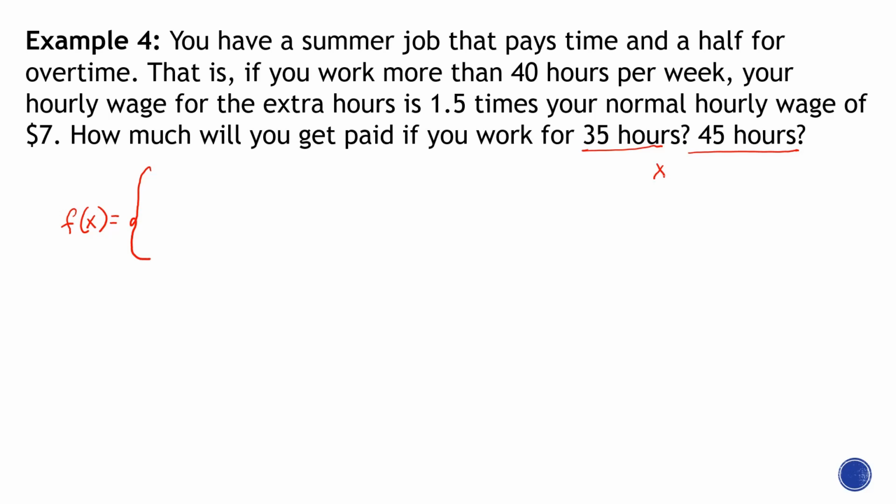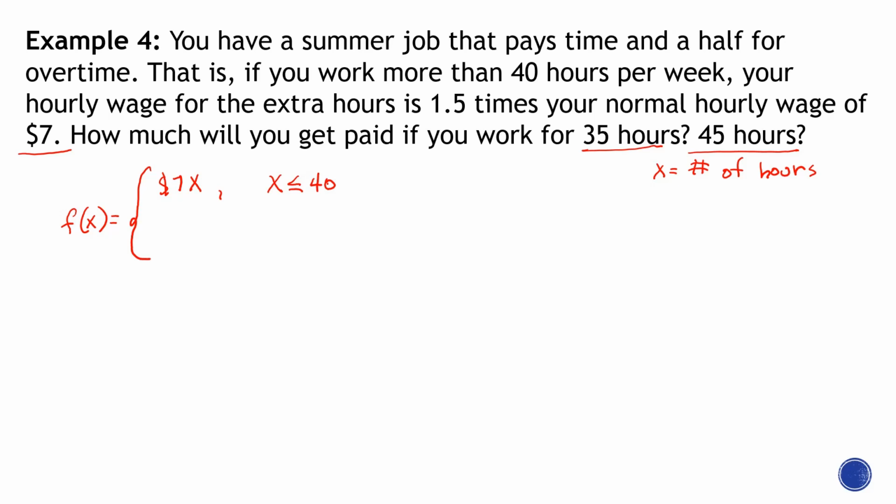So let's have x as the number of hours. First formula: $7 hourly wage times X. That's the formula if you work 40 hours or less.